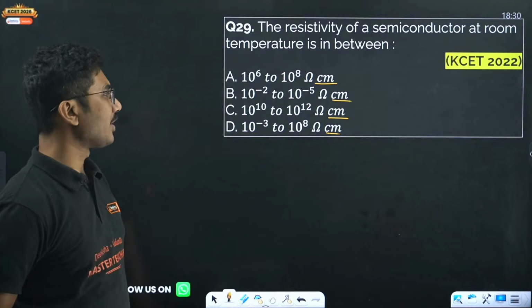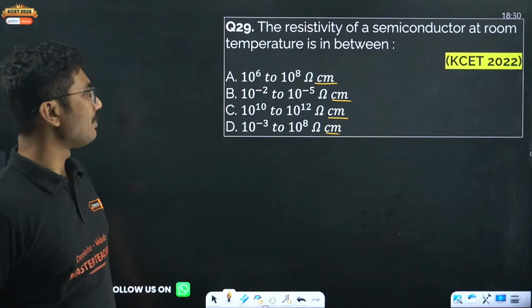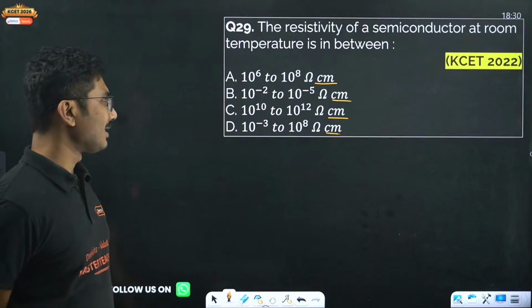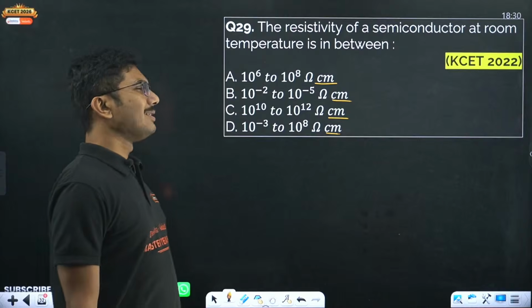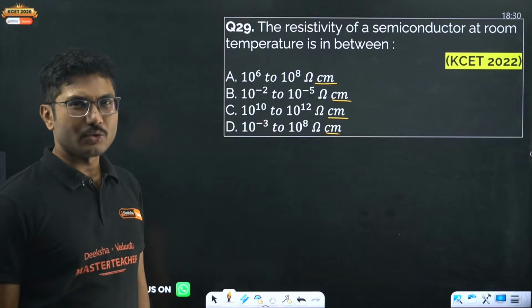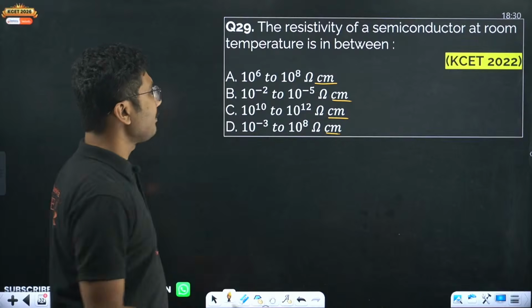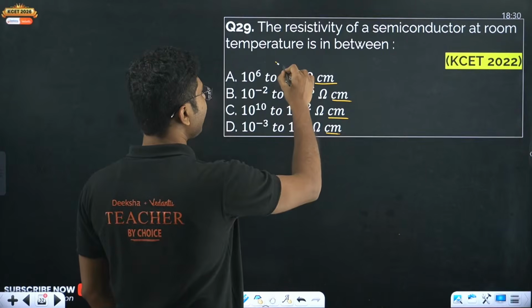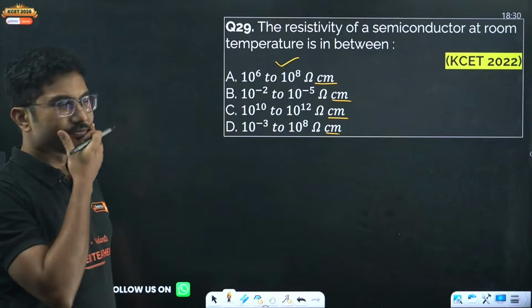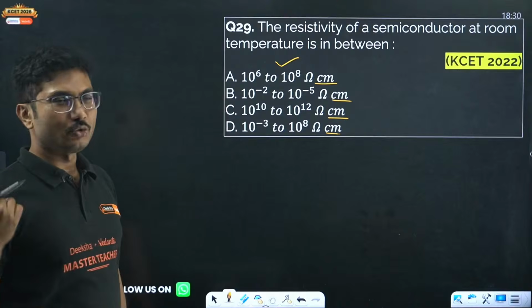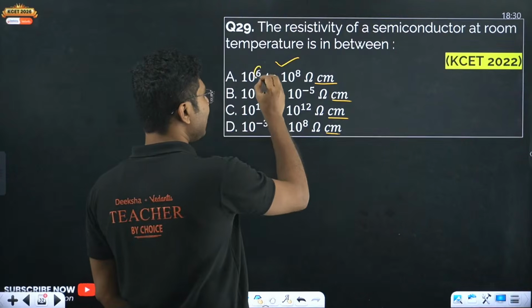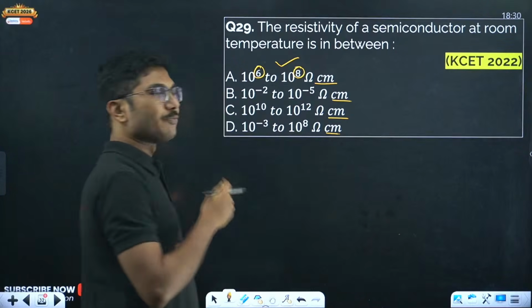Now, as I mentioned, if you remember only one very simple thing for semiconductors: resistivity is neither too high nor too low. If you see this one, resistivity is very high. Plus means insulator, and both of them are plus.